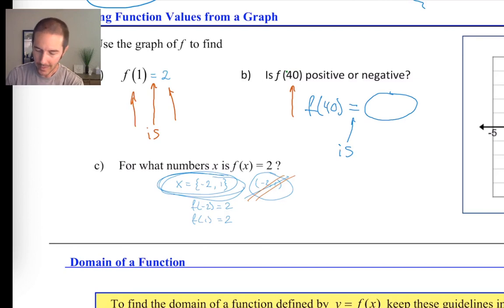Well, with 40 as an input value, which is an x value, they're asking us, is this y value over here going to be positive or negative? Somewhere on our graph, I sure hope there's a point that has coordinates (40, something), and I hope I can tell whether that something, that y value, is positive or negative. Let's go have a look.